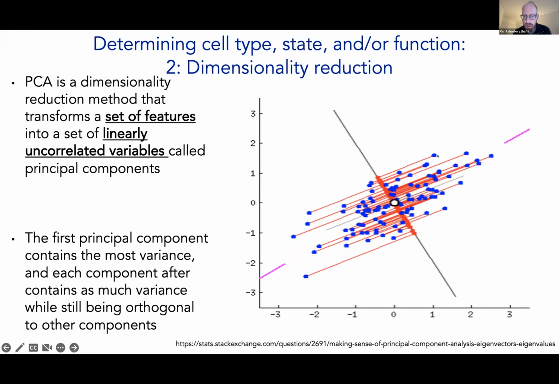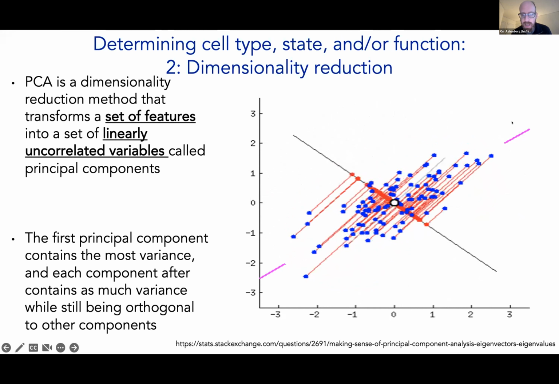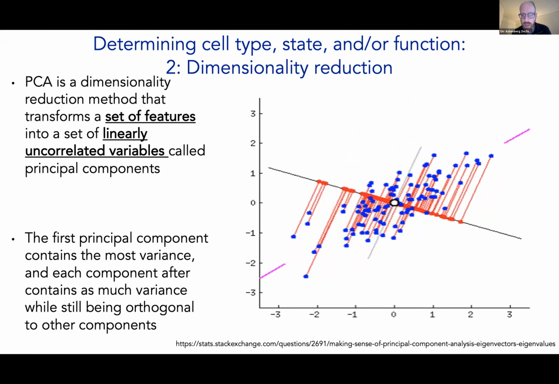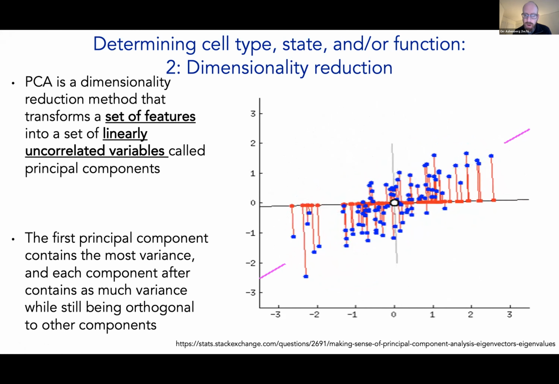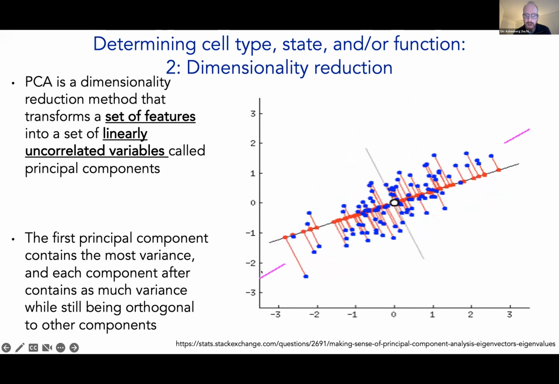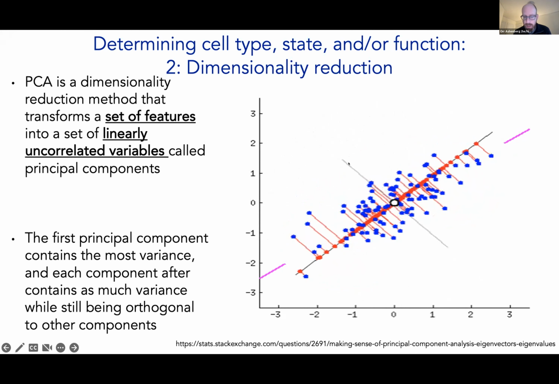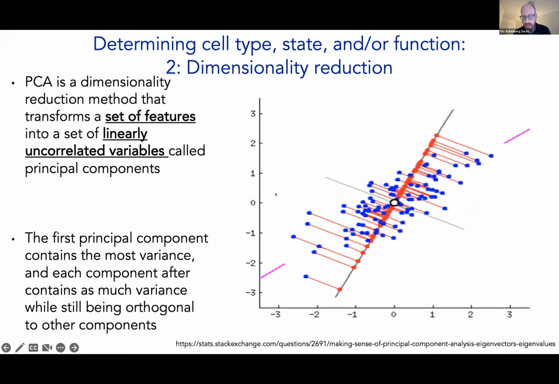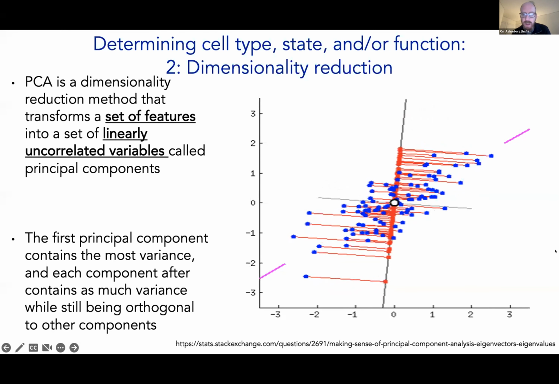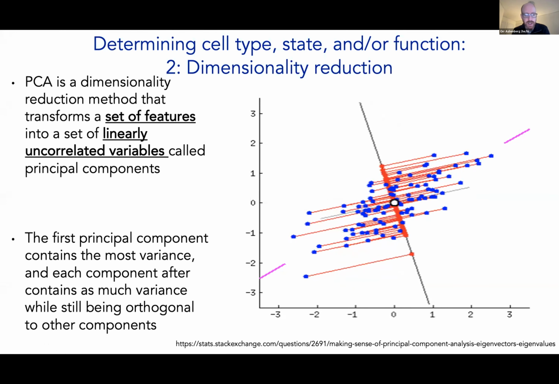It just goes straight through the data, almost like doing a best fit line or a regression. So that's where you would put principal component 1. And then the next principal component is this line that's perpendicular, and that's principal component 2. And that captures the remaining variation.